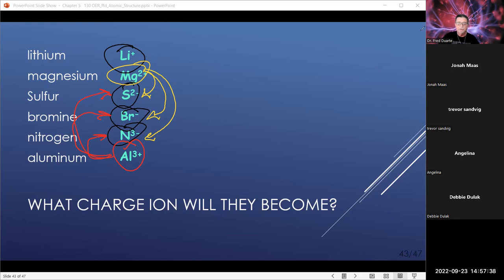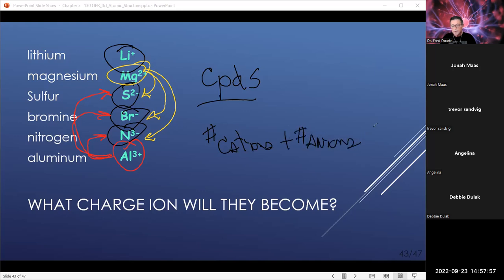Okay, so put this in memory that when we start to make compounds, the charges of the cations plus the charges of the anions, when we put them together, must equal zero.